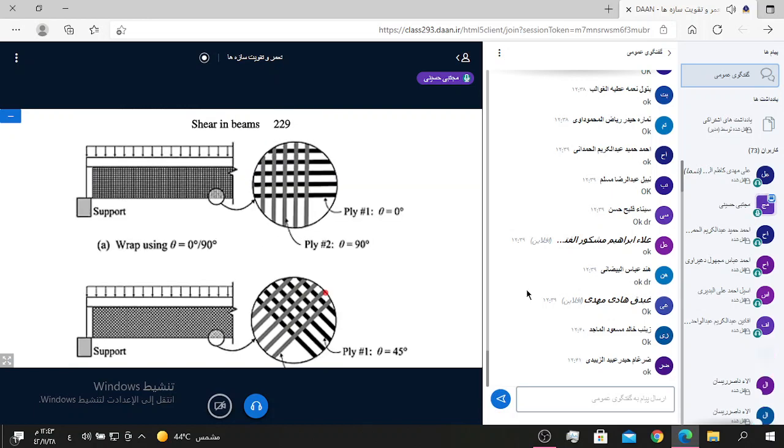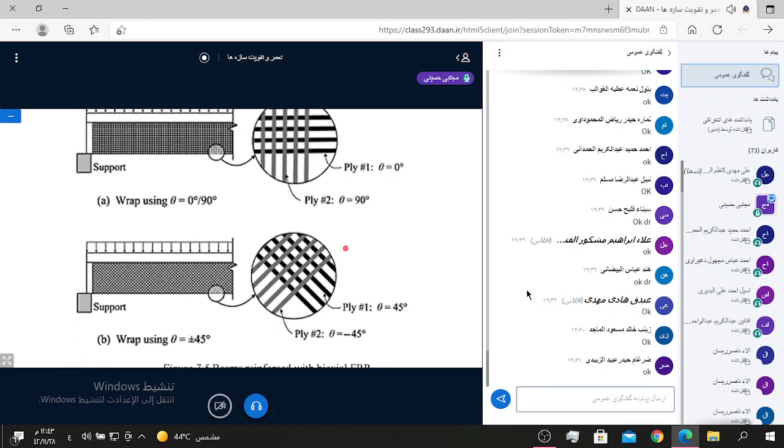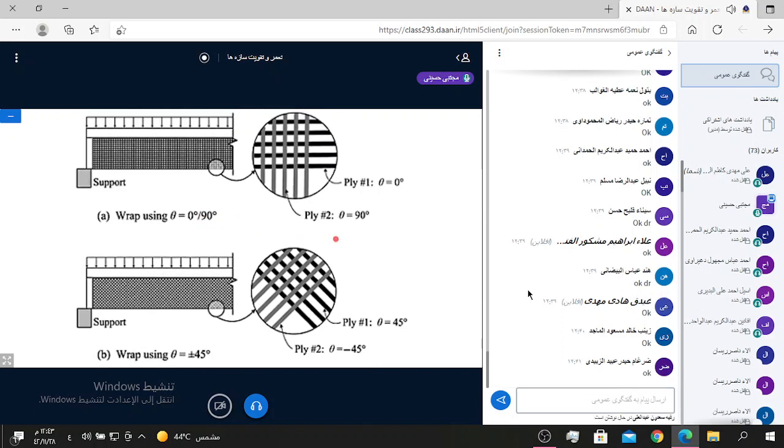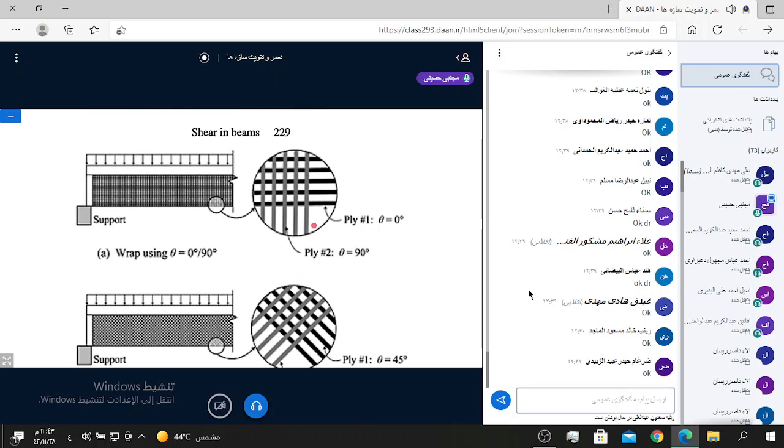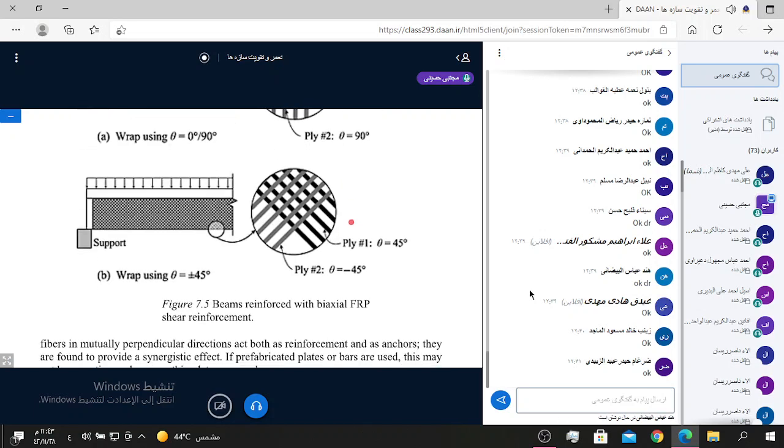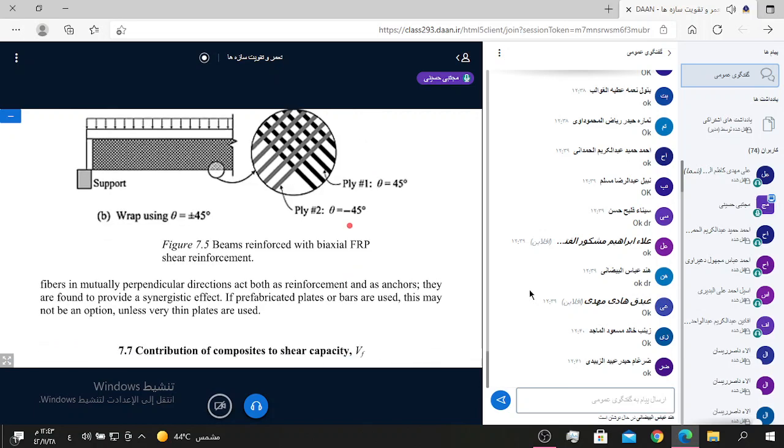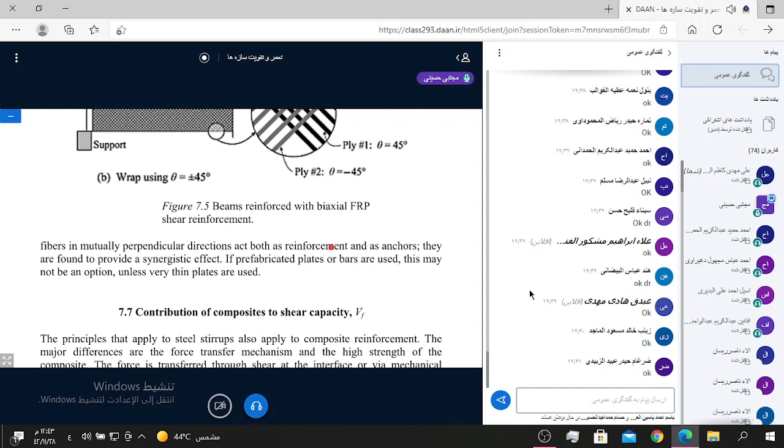Okay, in here also you can see that by using 0 and 90 degree, they are perpendicular together. And also in here the FRP are perpendicular together with various angles, okay, and by axial shear reinforcement.